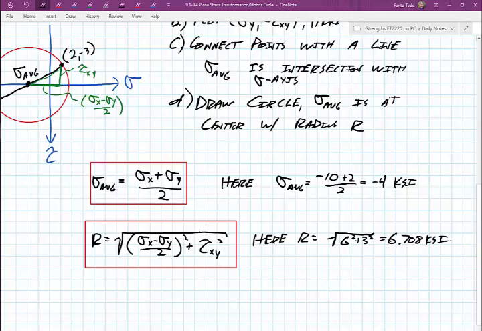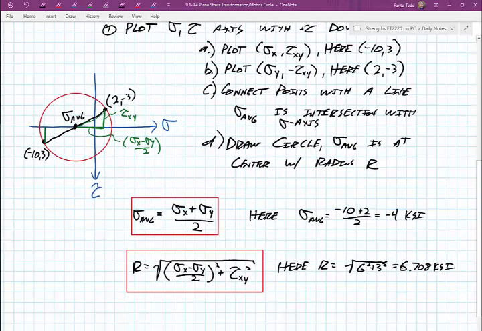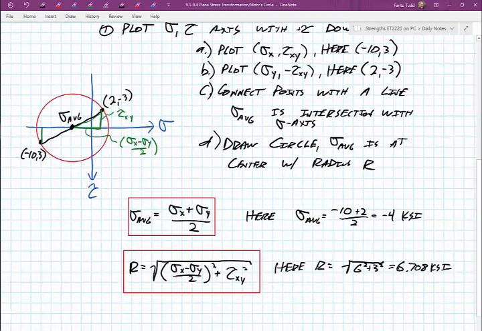KSI. So why do we care? What does it all mean? What it means is, if I look at this Mohr circle, what I have drawn in red here, any point on this circle represents a state of stress, meaning if I were to rotate that element, or I rotate my axes is really what's going on. I might have a point here and here if I rotate this thing around, and then I can see a much higher shear stress, and I'd have a lower axial stress. I have an infinite number of rotational points.